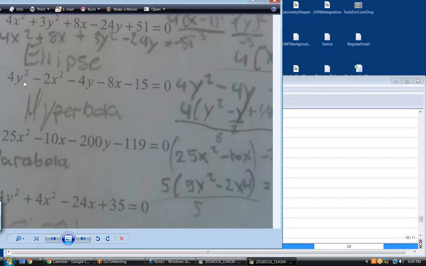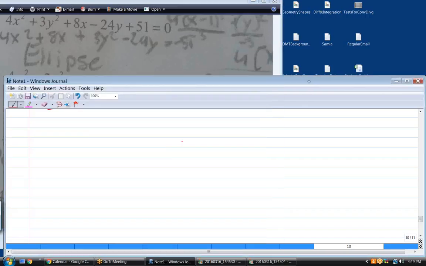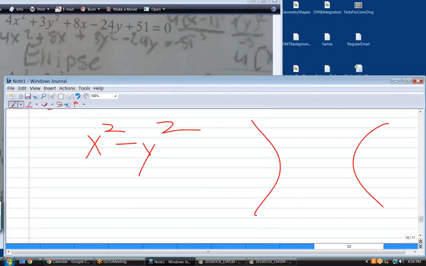Is that a horizontal or a vertical hyperbola? That is a horizontal. Now, the way to remember it is if it's x squared minus y squared, that's your standard horizontal one. If it's y squared minus x squared, that's your vertical one.